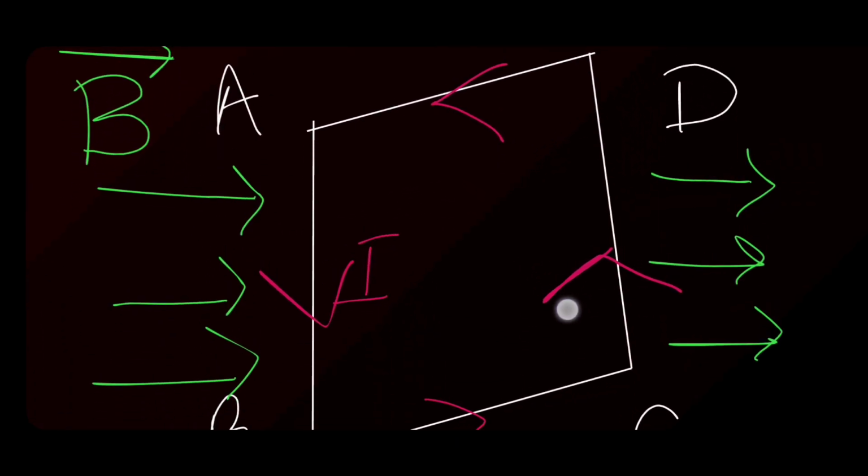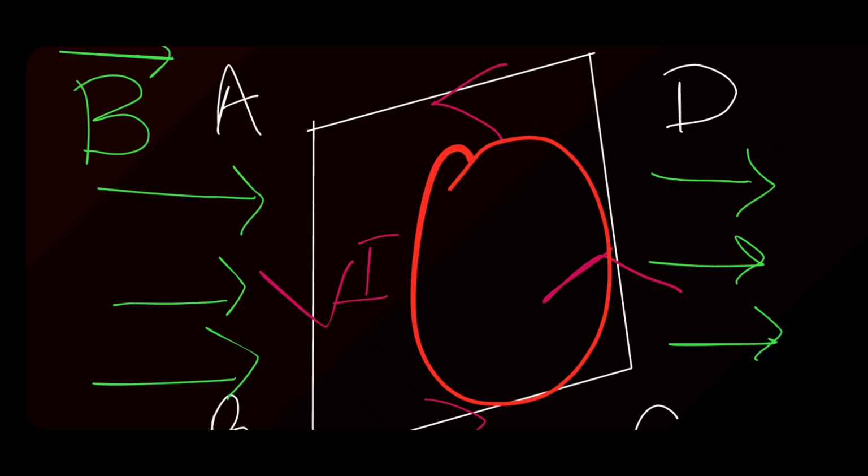Now this loop is placed in the uniform magnetic field B. So let us first know what a uniform magnetic field is. There are lines of force in any region. We take a cross section perpendicular to the lines of force. Now take a small region in this cross section, and this region contains, say, one line of magnetic force.